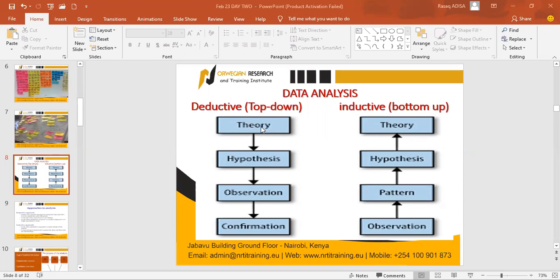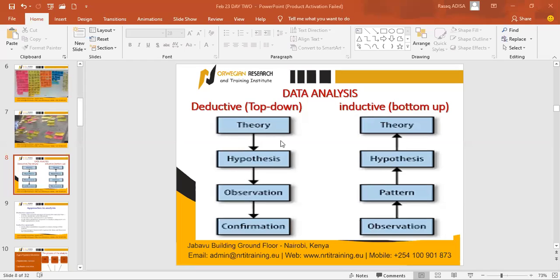But as well as deductive is specifically known with quantitative, it can also be borrowed, it can also be adapted for qualitative. It can also be used to do qualitative research, especially if the area you are looking at, there are scholars who have worked on that area.